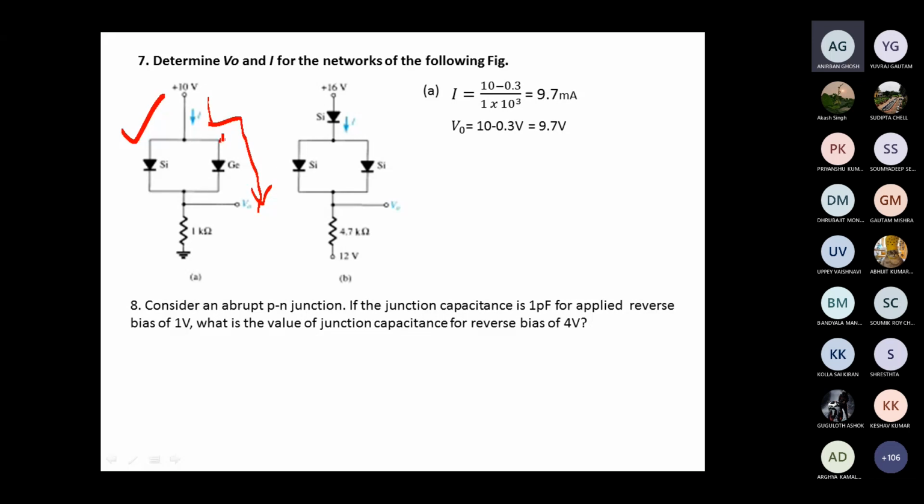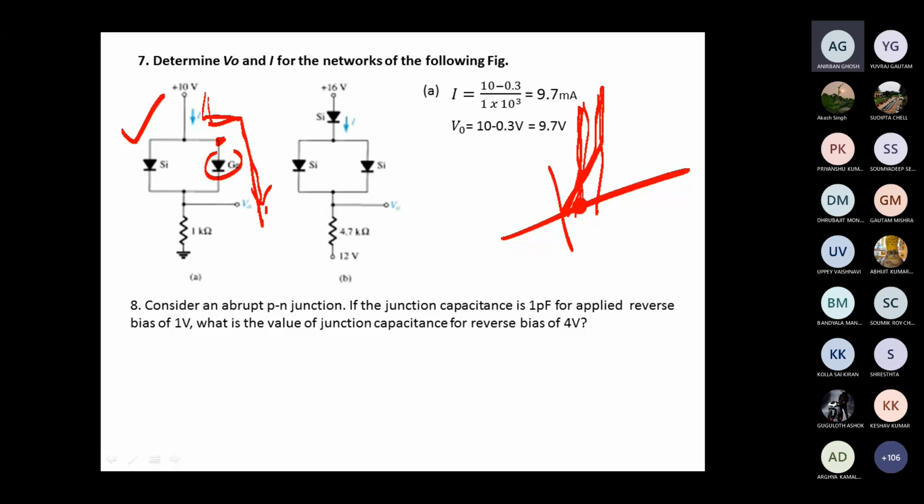When you are increasing I_D and V_D for silicon this one and for germanium this one, whenever you see lower voltage, that diode will conduct; the germanium diode will conduct here. If the germanium diode conducts first, then all the current will flow through it.